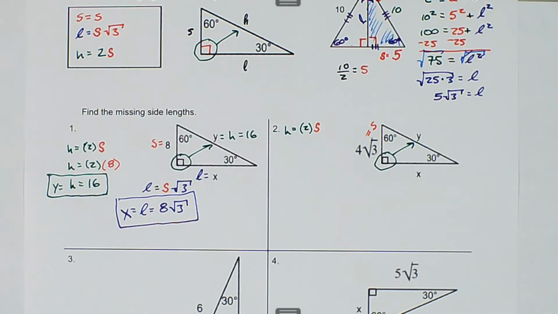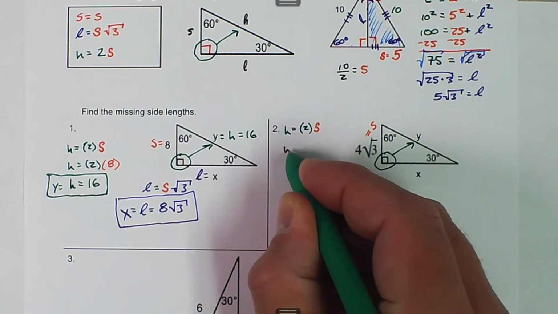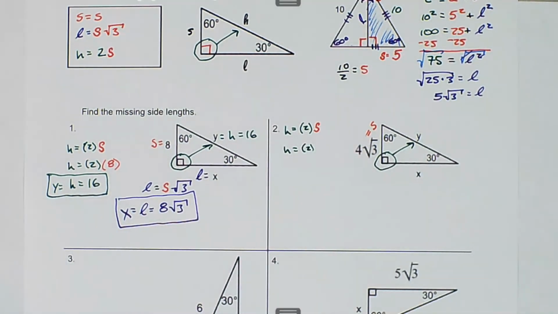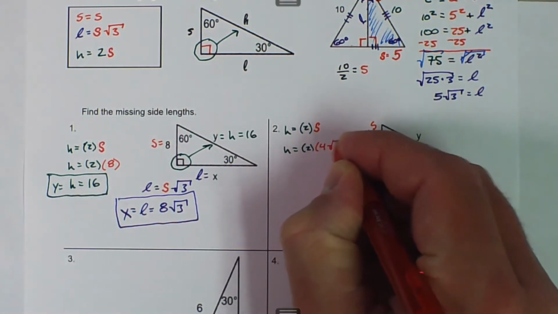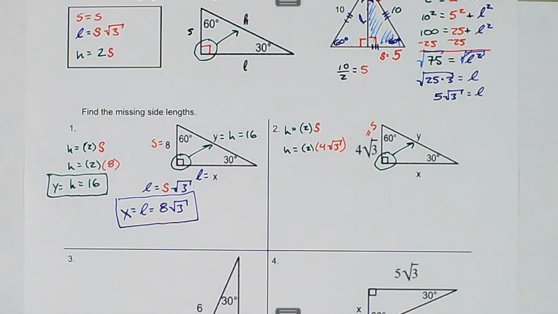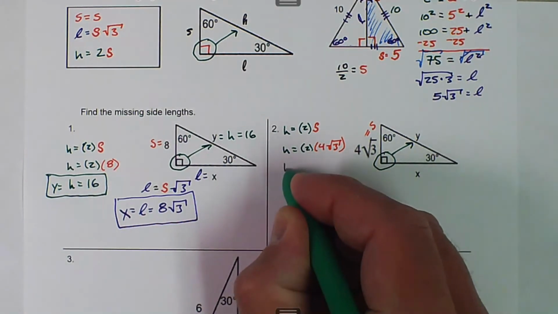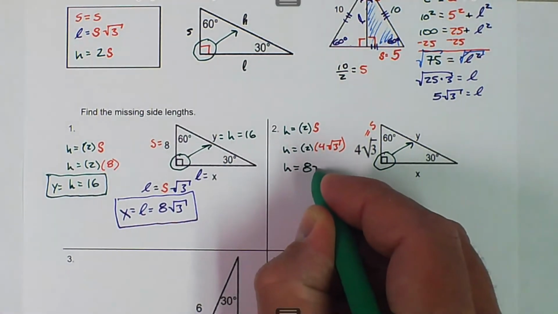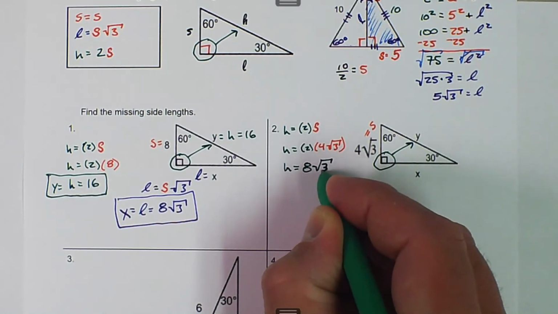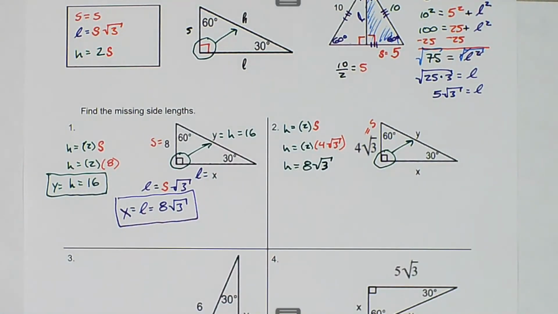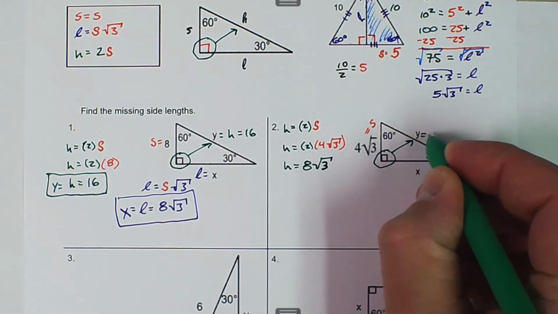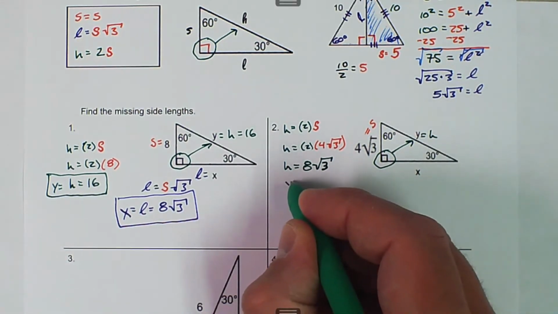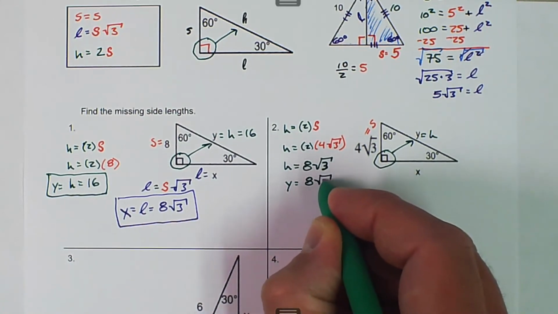So we can substitute these values in, and we get h is equal to 2 times 4 square root of 3, and we get h is equal to 8 square root of 3. H is also our hypotenuse, so that also means y is equal to 8 square root of 3.